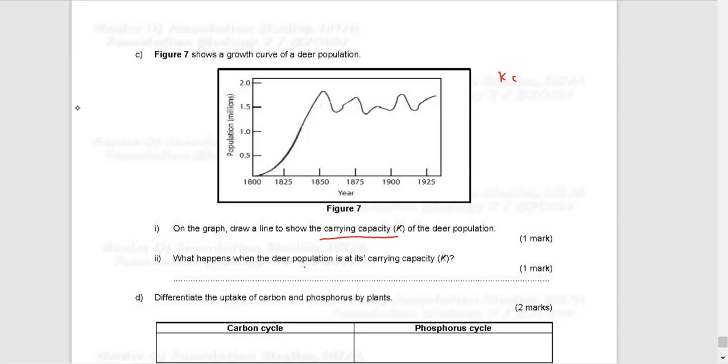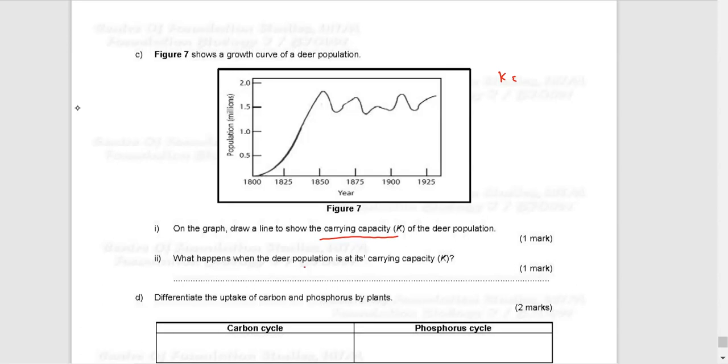For example, the deer have to compete to get food and also space to live in. At this point the environment can no longer support the species, due to environmental resistance such as the limiting food resources available in that area.